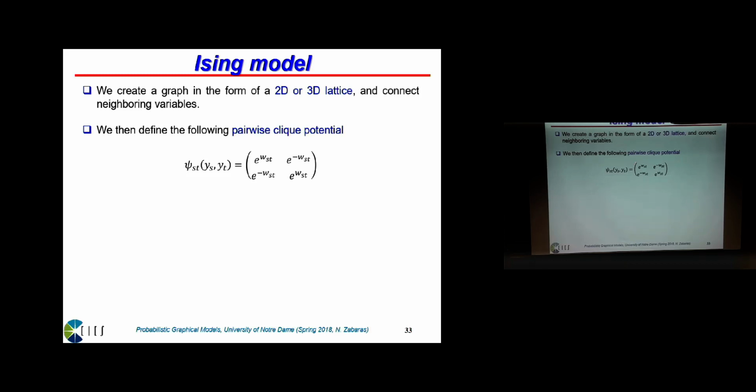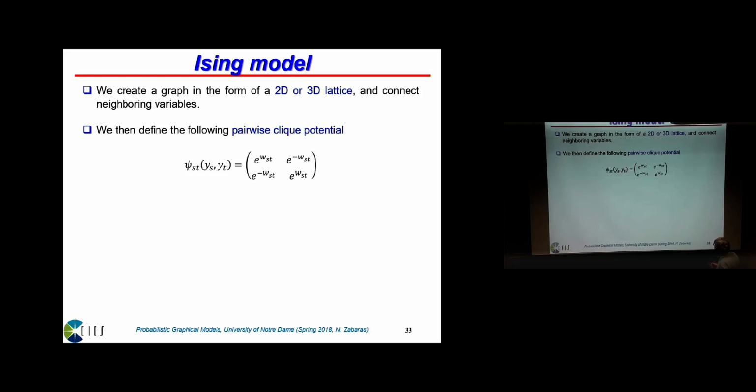We're looking here at the pairwise potential. Obviously each of these variables can be spin up or spin down, so plus minus 1. In our table, each of those values we're going to write as e to w and e to minus w. We use the same w to describe all these probabilities, and this w is going to be an unknown parameter that somehow we have to compute or assume.